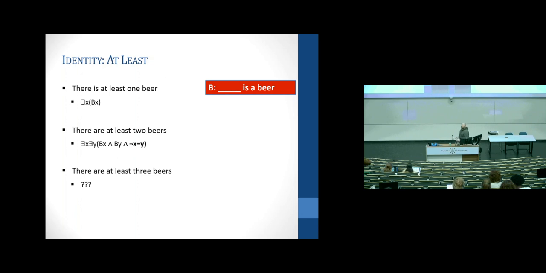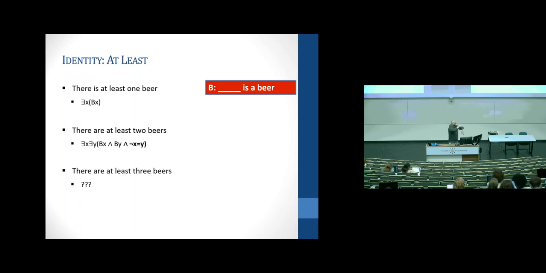So, if we want to say there's at least two, we need to have two quantifiers and a clause that says the two quantifiers are grabbing different things. So how do we think we do at least three? Well, if there's going to be at least three, how many existentials are we going to need? Going to have three, right?